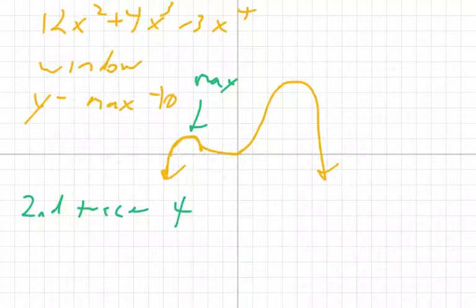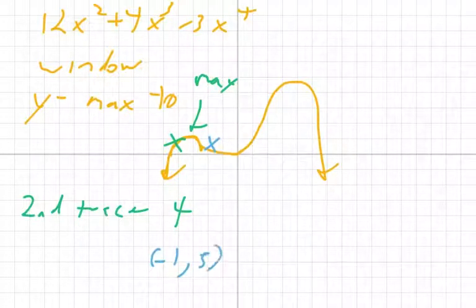You want to make sure you're to the left of the maximum first, so I put an X right over there first. I want to make sure I'm to the right of the maximum, so I put an X there second. And then when it says to guess, I just hit enter. It turns out that that point is at, when I round it properly, -1, comma 5.